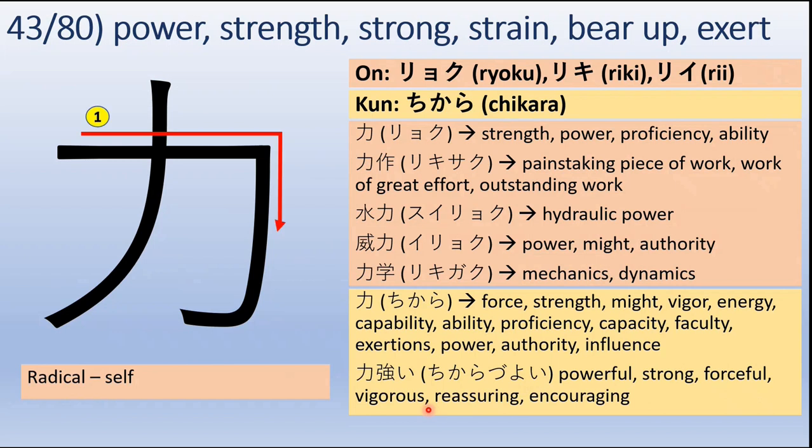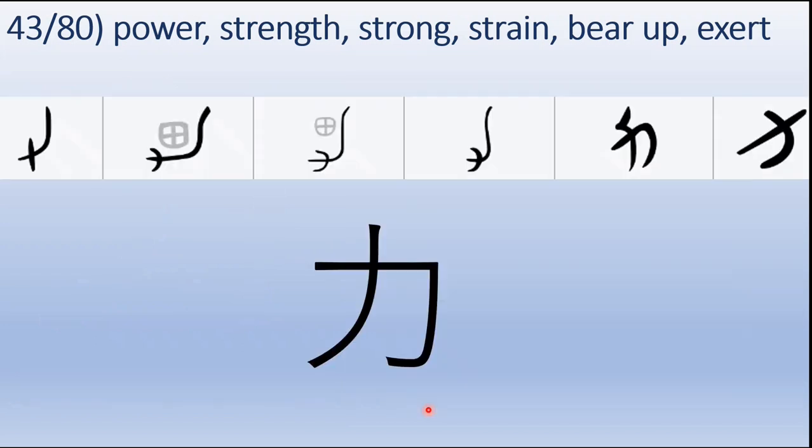This is a radical by itself, and this is the stroke order. There are just two strokes to make this kanji, and this is how it is originated. So it represents some kind of energy that is coming from the sky, some lightning or something, and in this way it's gradually evolved, and finally it has taken the shape of this.